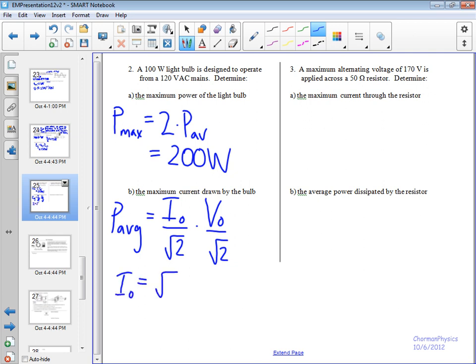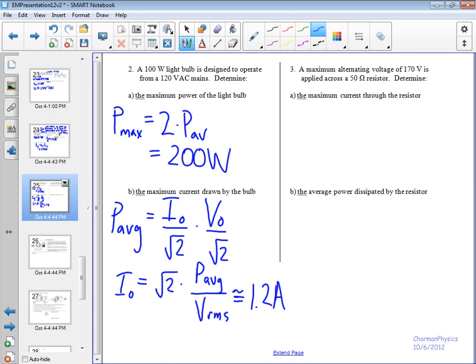We have the RMS voltage, 120, so we can solve for I naught, which is just going to be the square root of 2 times the average power divided by V RMS. When you do that, you get approximately 1.2 amps.